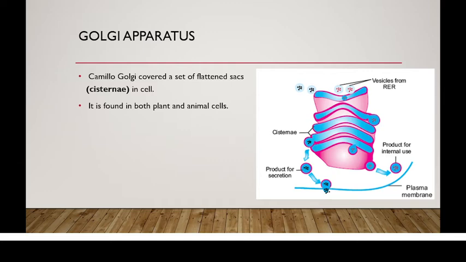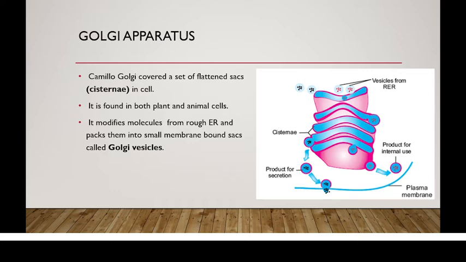These are present in both plant and animal cells, and the major function of the Golgi apparatus or Golgi bodies is that it modifies the molecules which move from the endoplasmic reticulum, and packs those substances into small membrane bounded vesicles known as Golgi vesicles. After that these substances can be transported to various locations in the cell, or outside the cell where they are required.